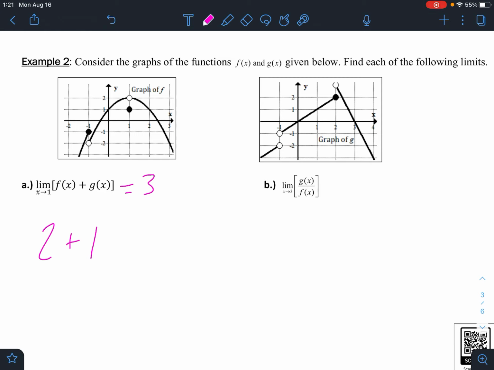For b, the limit as x approaches 3 of g over f. So the limit as x approaches 3 of g would be 0. The limit as x approaches 3 of f, doesn't really matter what it would be, as long as it's a number, which it is, and it's -2, and 0 over anything would give us 0.